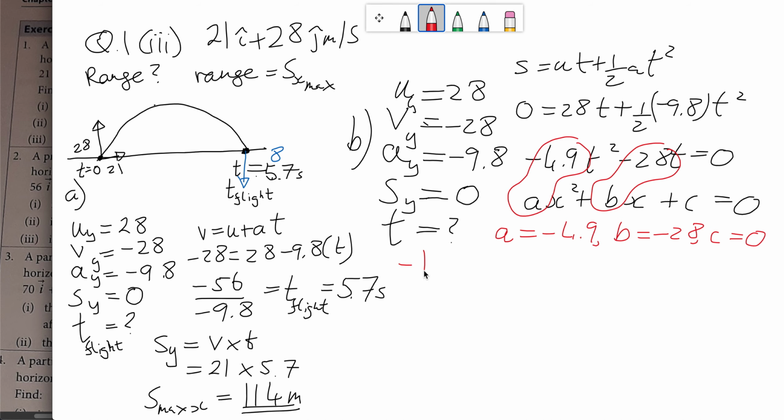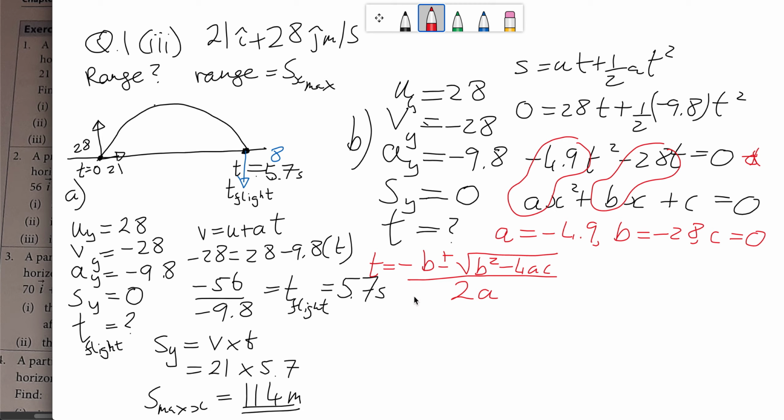So if we realize that minus b plus or minus the square root of b squared minus 4ac all over 2a, that's what t is going to equal in that equation. We solve this equation here.